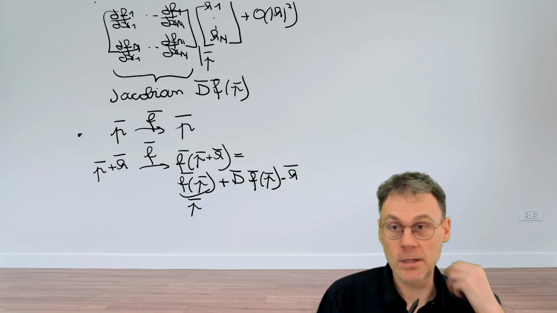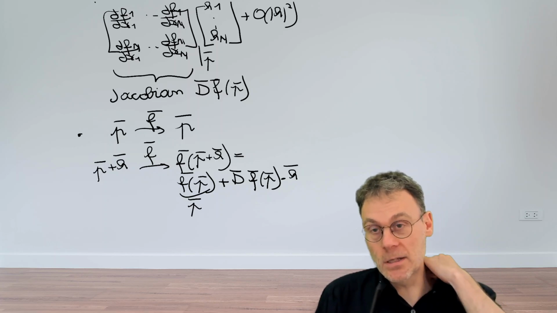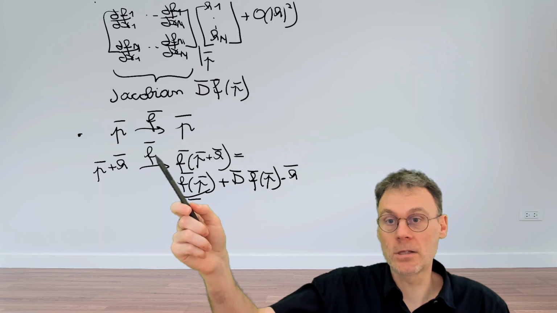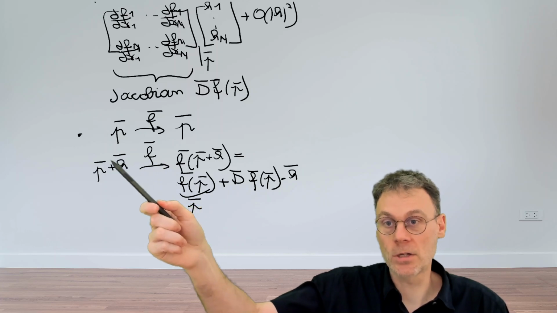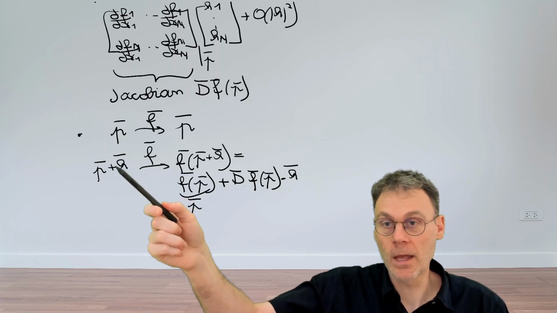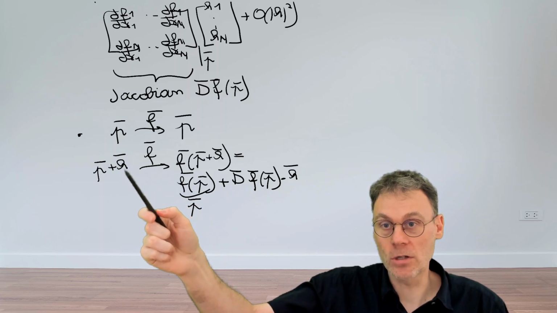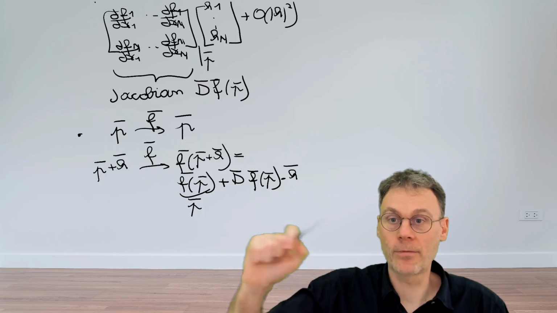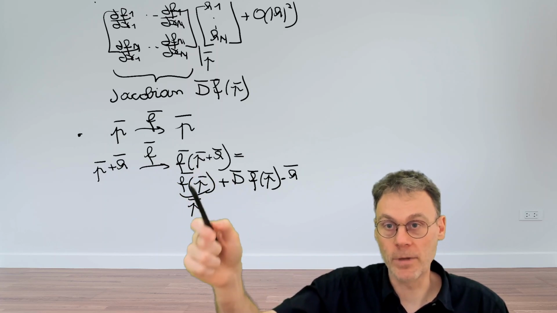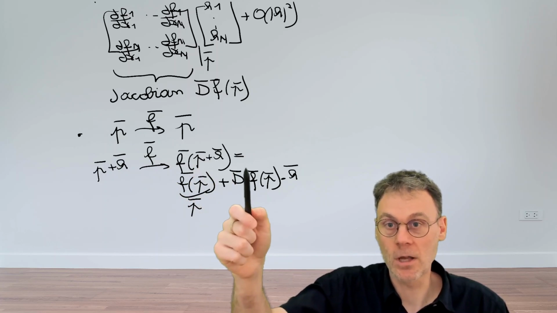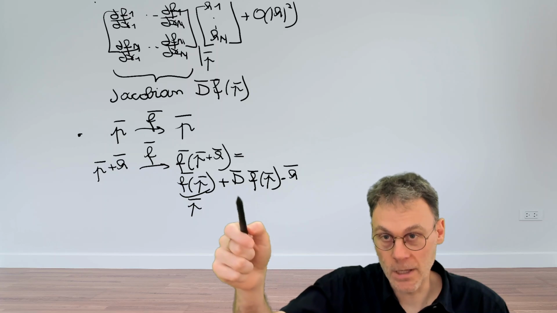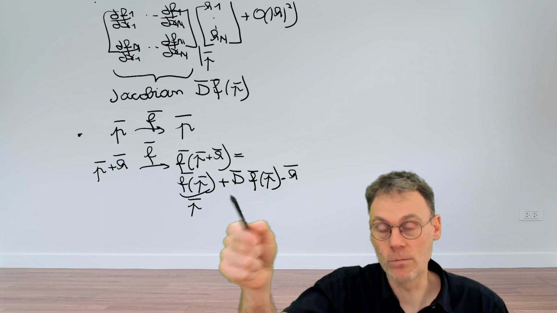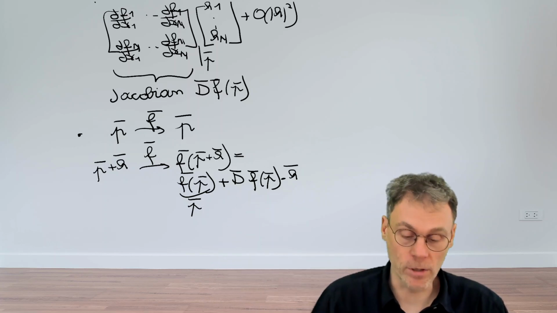Now, if you look at these equations, what this basically tells you is that if we start from an initial condition which is h away from P, then the difference between this point and that point, after applying that map, that difference from P, will be given by h multiplied by our Jacobian matrix.